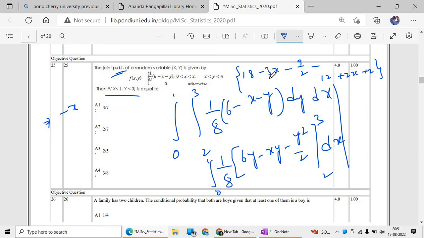So here 6 plus 2, 8, 8 minus 9 by 2, that implies 16 minus 9 by 2, so 7 by 2. Plus 7 by 2. This is the function. So we can integrate, x minus x square by 2 plus 7 by 2 x. So limits are 0 to 1. So if we substitute 0 to 1, minus 1 by 2 plus 7 by 2.